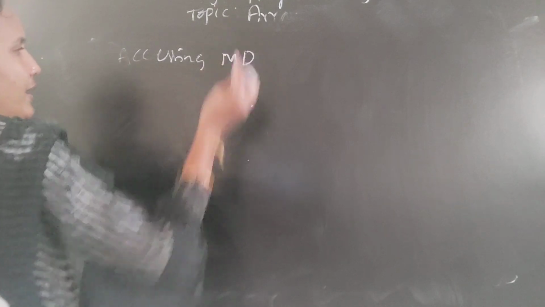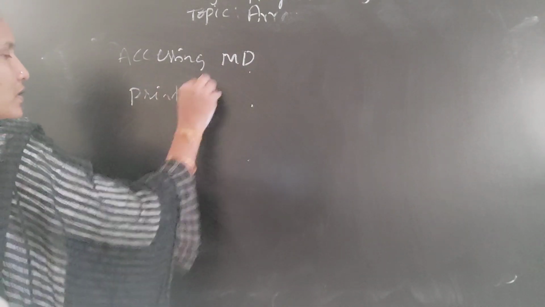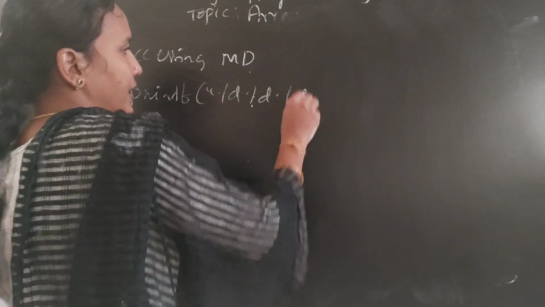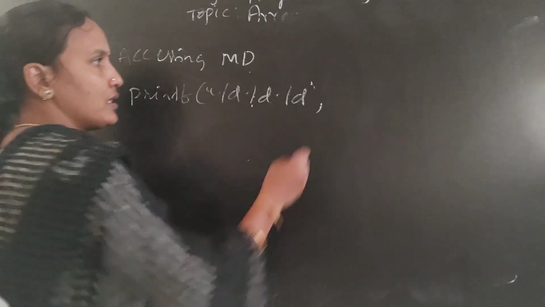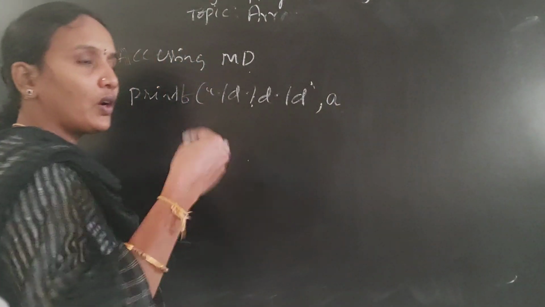For accessing a multi-dimensional array, again you can print like this. Printf %d, %d. So here first you need to give the number of the table.